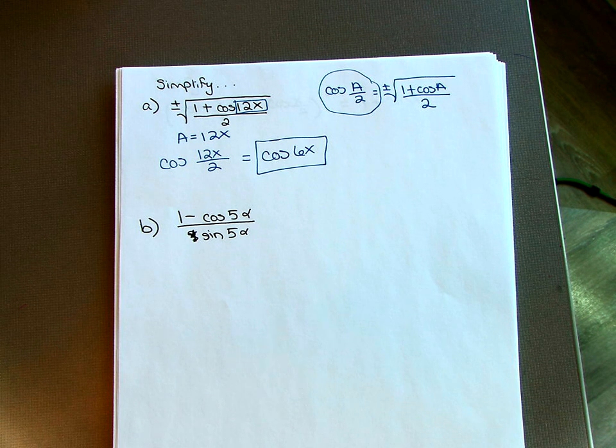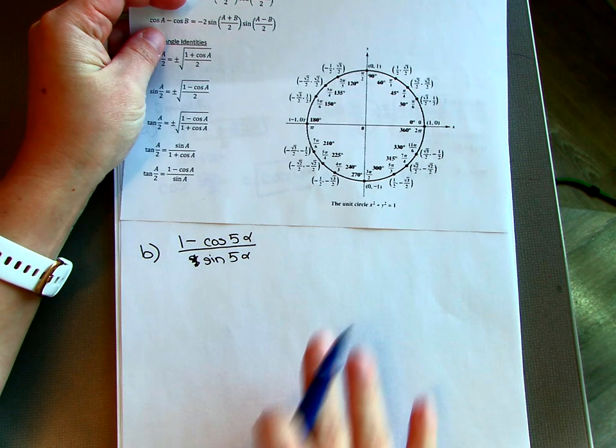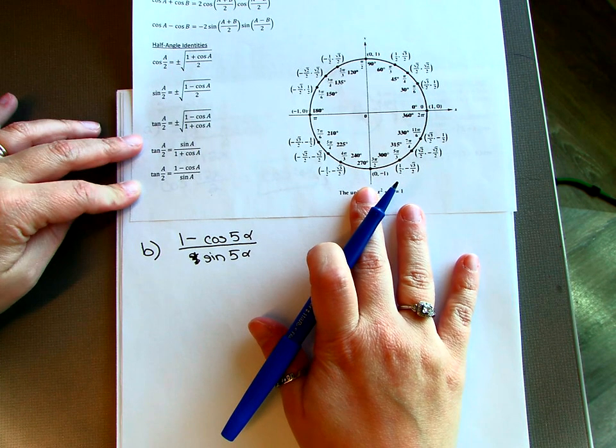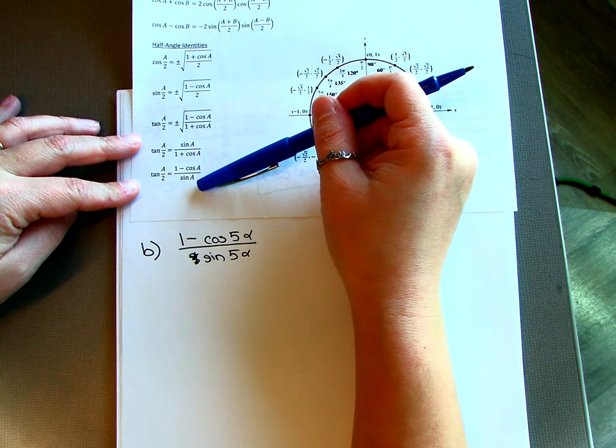So odds are you're going to use one of your tangent ones, because 2 of your tangent ones don't have a radical involved. So if we look at our list, we look down here at our 2 half-angle identities that deal with tangent, this very last one says 1 minus cosine a all over sine a. That looks a lot like what we've got.